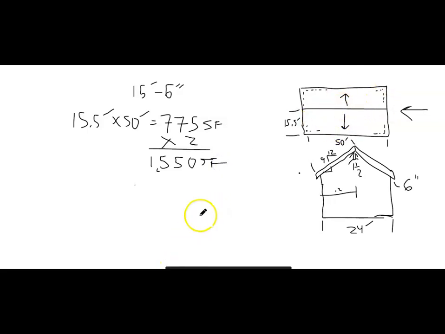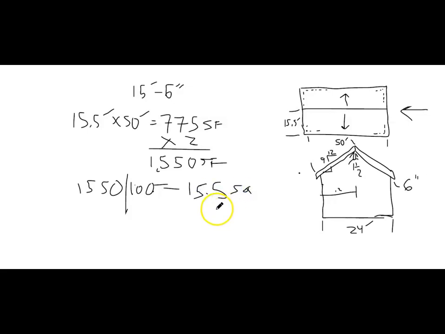If we go back to our presentation briefly, which I closed, so I'm not going to go back to it, we determined that 100 square feet equals a square. So let's take that 1550, divide it by 100, and we get 15.5 squares.